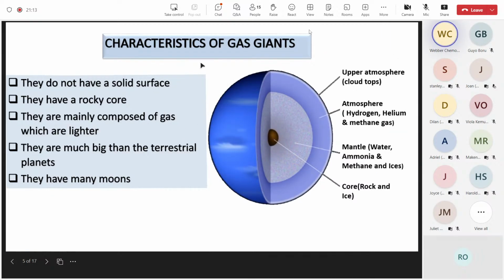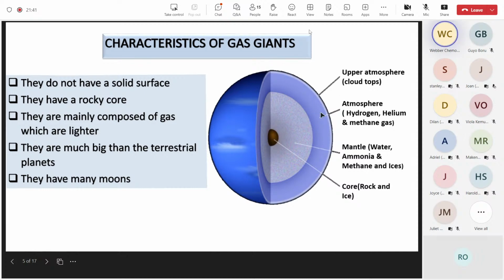Looking at the characteristics of gas giants, we have here a diagram showing the general features of a gas giant planet. The first one, you'll find that they do not have a solid surface. Secondly, they have a rocky core, and they're mainly composed of gases which are lighter.